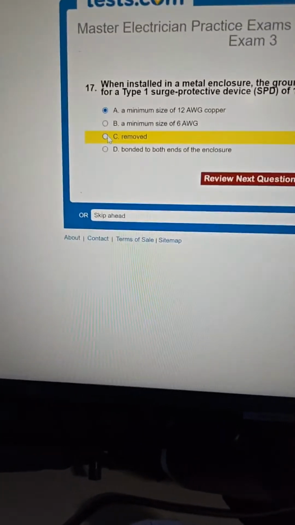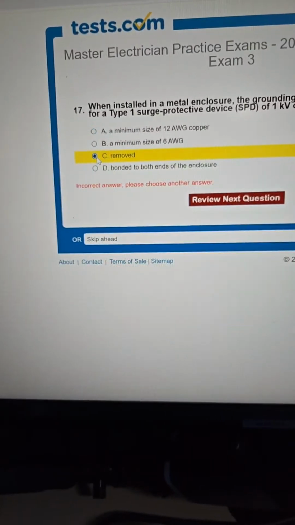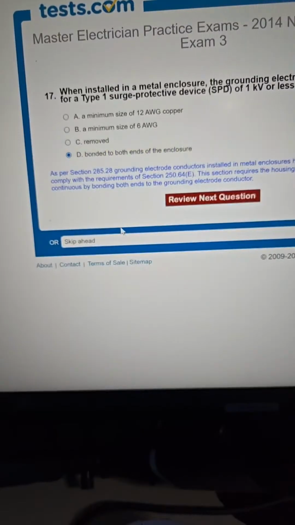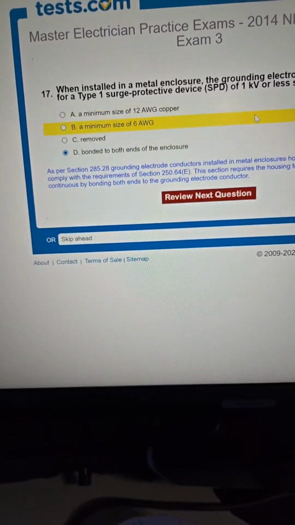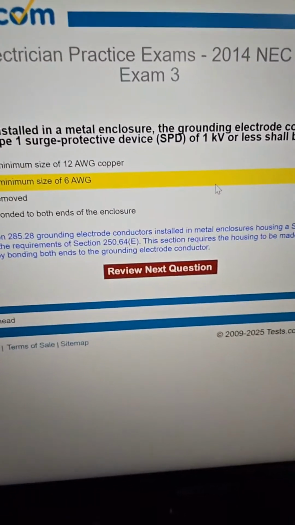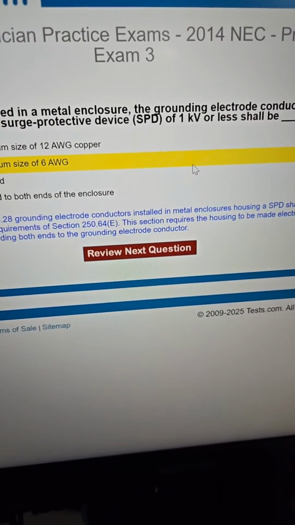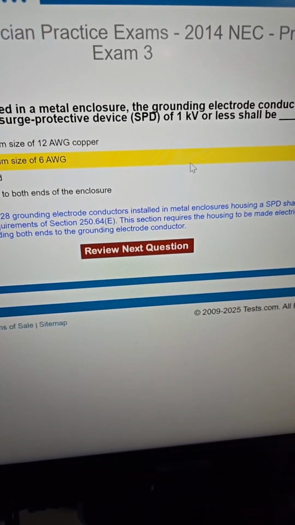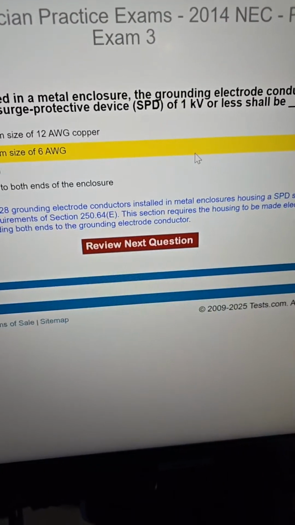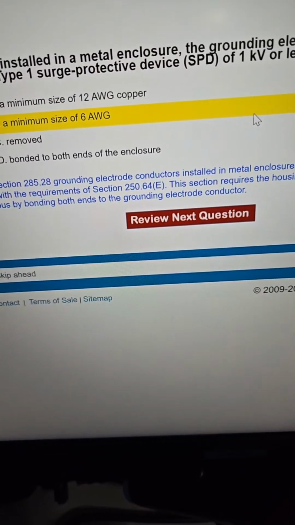I think it's removed. It's got to be removed, right? It's not removed. It's not number 6. Okay. Grounded electrode conductors installed in metal enclosures housing the SPD shall be made electrically continuous on both ends. I do not understand that.